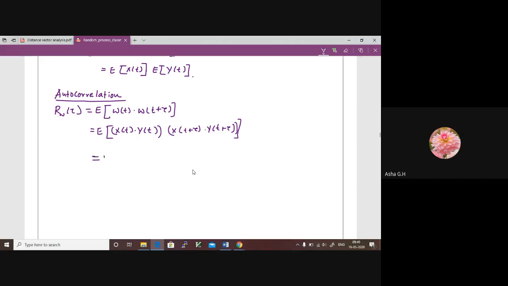So this will be equal to expectation of x of t into x of t plus tau, and also y of t into y of t plus tau.